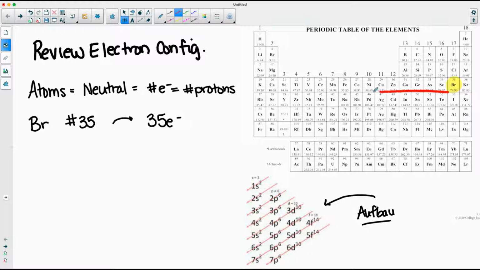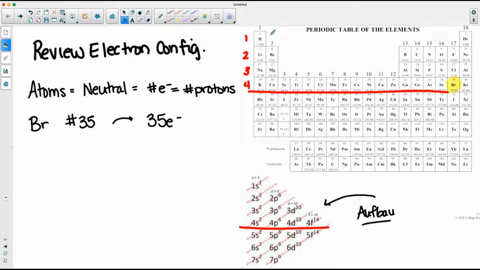If I want to do my full electron configuration, I see that bromine is in period 1, 2, 3, 4. So I am not going to have anything past the fourth principal quantum number. That front number of 4 is the highest number I will have, so I don't even need the bottom of this chart.